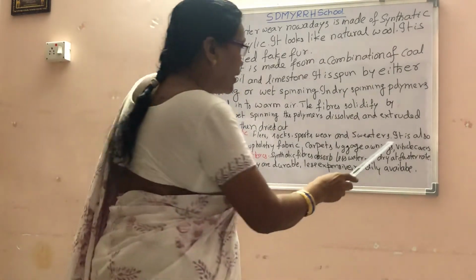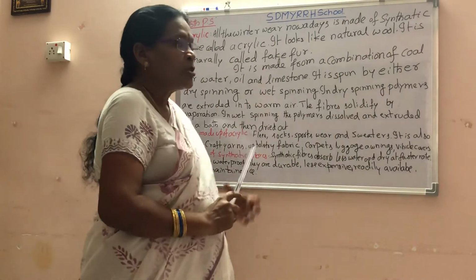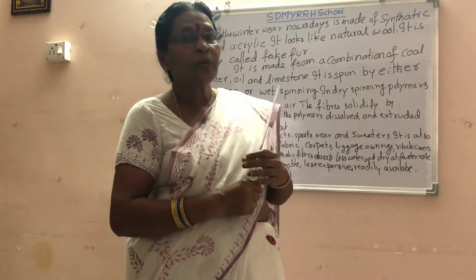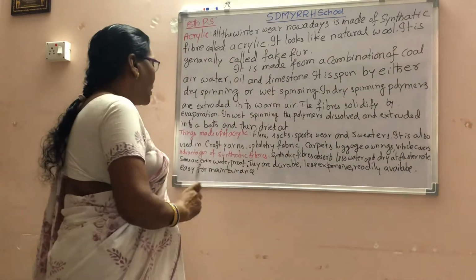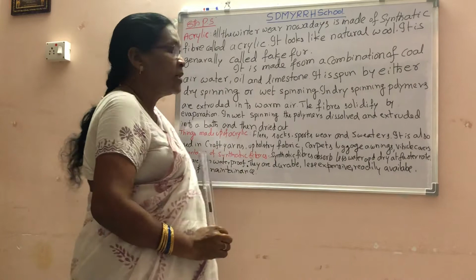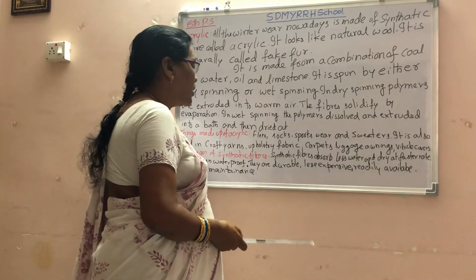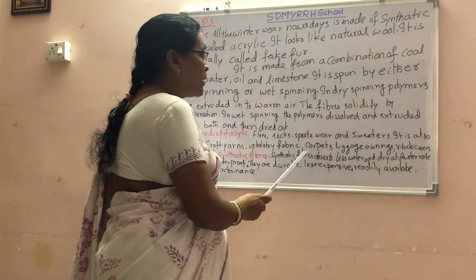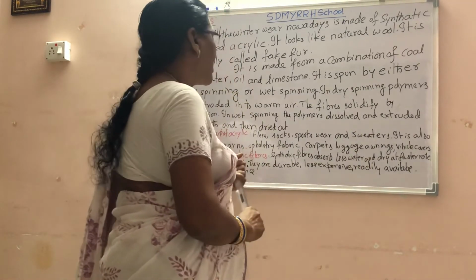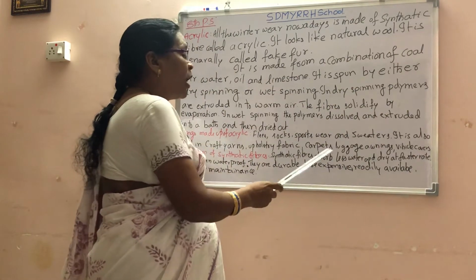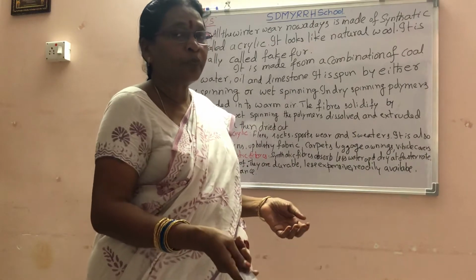It is also used in craft yarns. So many things are prepared, like bags, craft yarns, flowers. Also upholstery fabric, carpets, luggage awnings, vehicle covers. Carpets, we use on the floor.